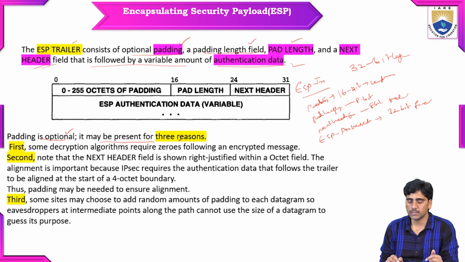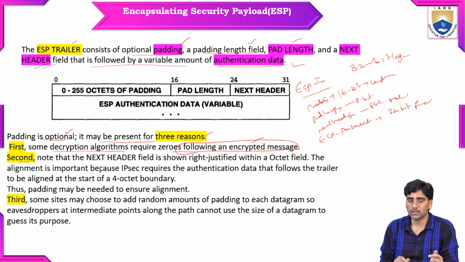It may be present for three reasons. First, some decryption algorithms require zeros following an encrypted message.